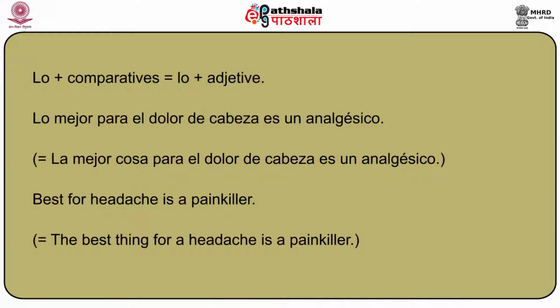The next one is lo plus comparatives, which also means the same as lo plus adjective. Let us see some examples. Lo mejor para el dolor de cabeza es un analgésico, which can be interpreted in another form as la mejor cosa para el dolor de cabeza es un analgésico.